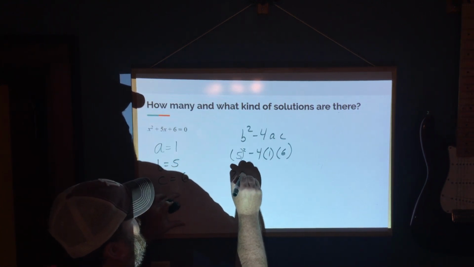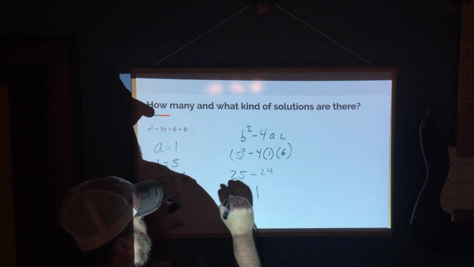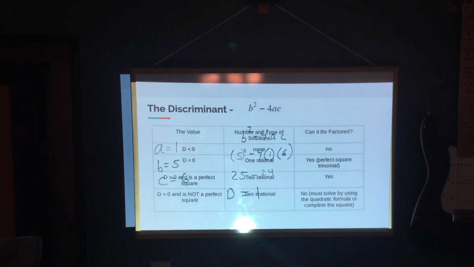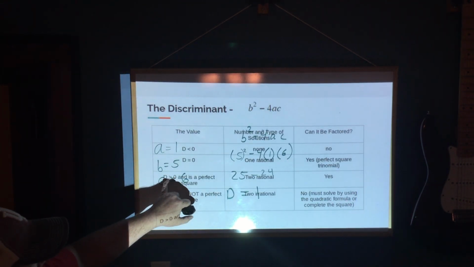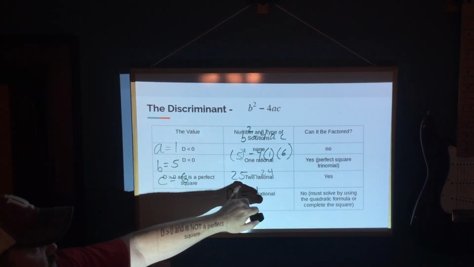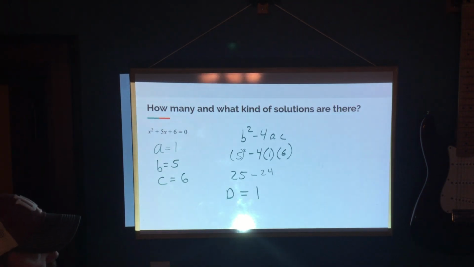That's 25 minus 24, that's 1. So our discriminant is equal to 1. So if you look back at our chart, it's greater than 0, and 1 is a perfect square. So that means we have two rational solutions, and this one could be factored.